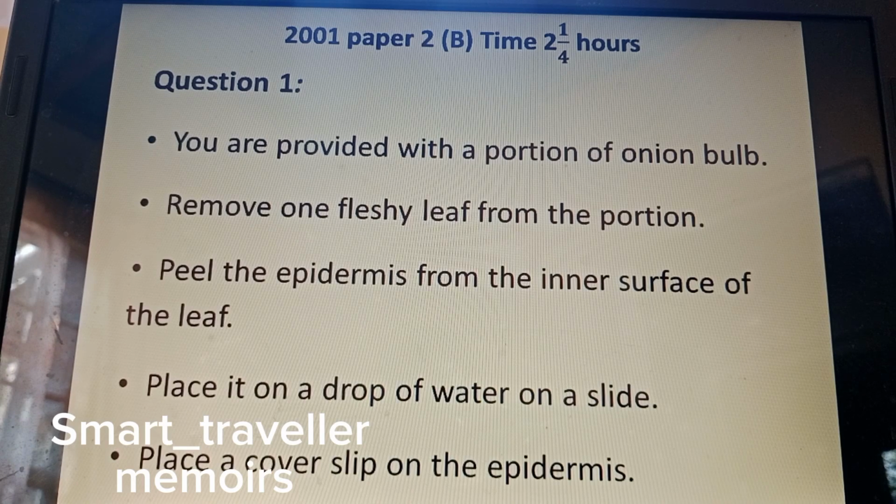But mostly what I've seen is that most of these papers have the same concepts being repeated again and again. So concepts are not different. So if you are keen with what I will be giving you, you'll be lucky when it comes to the real examination.